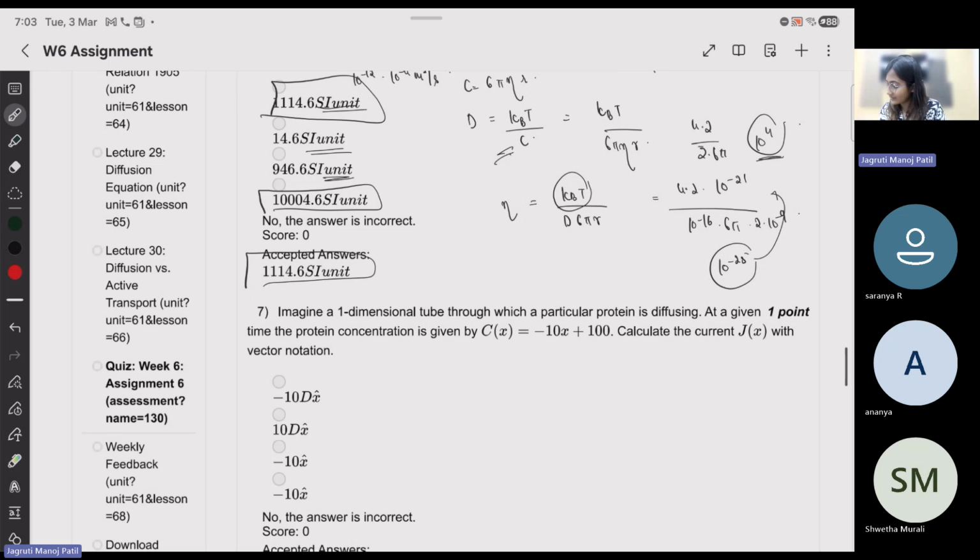This is something a little bit less on calculations. So imagine a 1D tube through which a protein is diffusing. At a given time, the protein concentration is given as this. Oh wow, they're just asking us to calculate the flow here, the current here. That is nothing but the negative of the diffusion constant times the gradient of the concentration. Okay, who can do this?